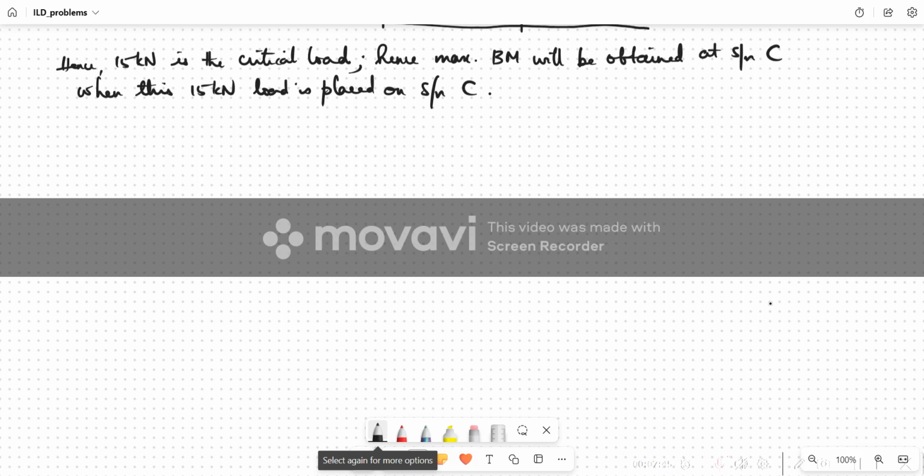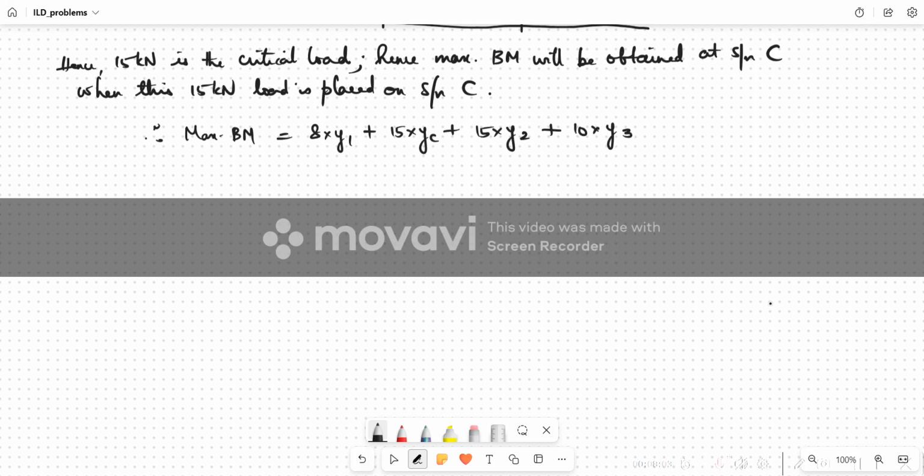Therefore, from the figure, the maximum bending moment at section C is equal to 8 times Y1 plus 15 into YC plus second 15 into Y2 plus 10 into Y3. So this is equal to 8 into 6 by 8 YC plus 15 into YC plus 15 into 20 by 22 YC plus 10 into 18 by 22 YC.